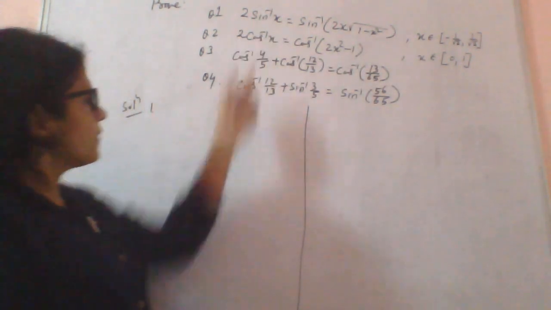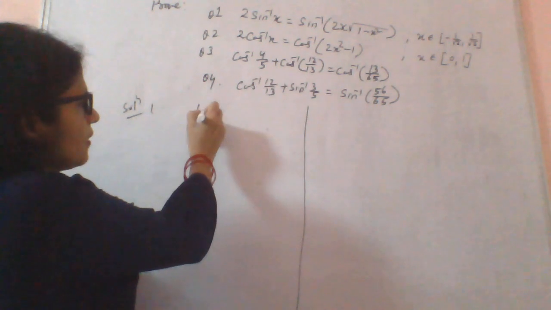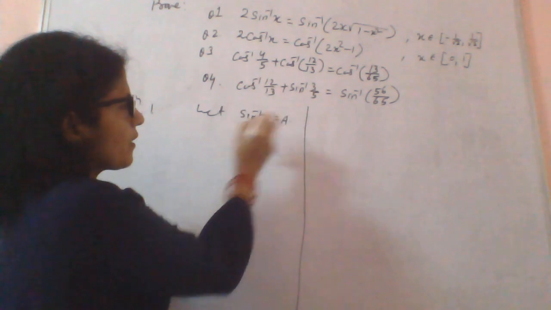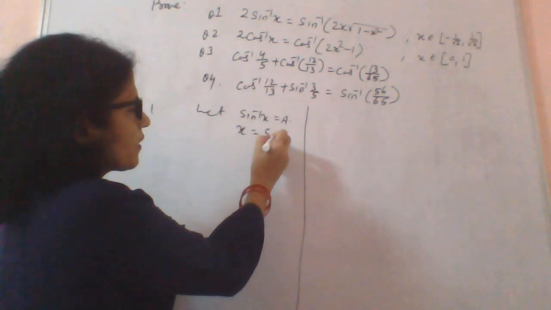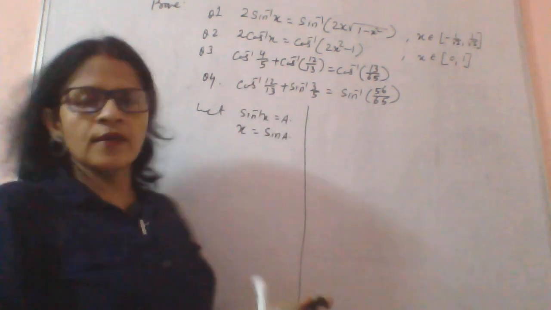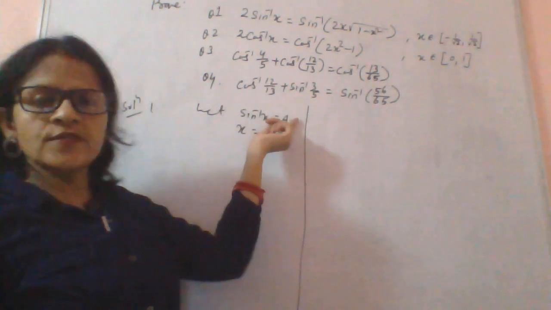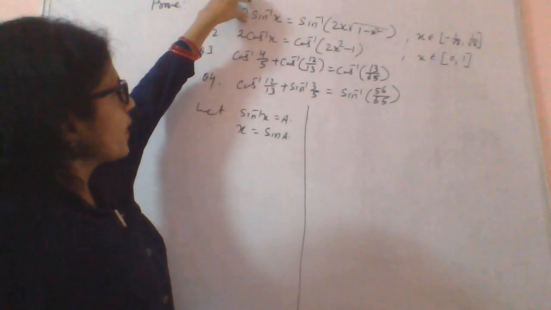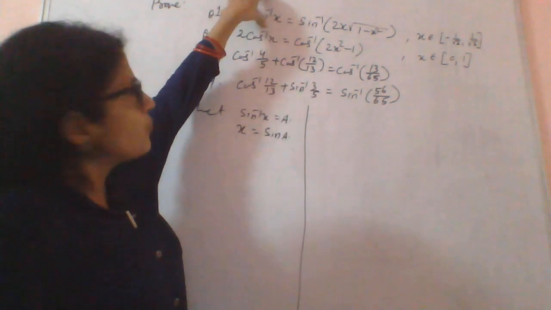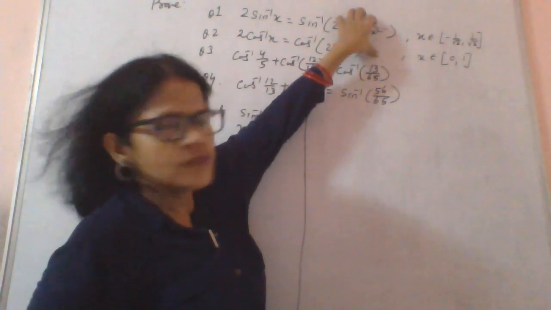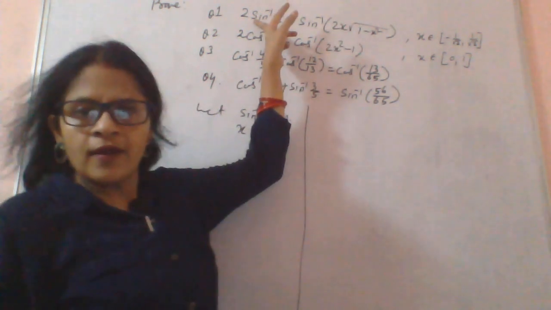Let sin inverse x equal to a, it means x equal to sin a. So we have 2a equal to sin inverse of this, which is equal to sin 2a, right?